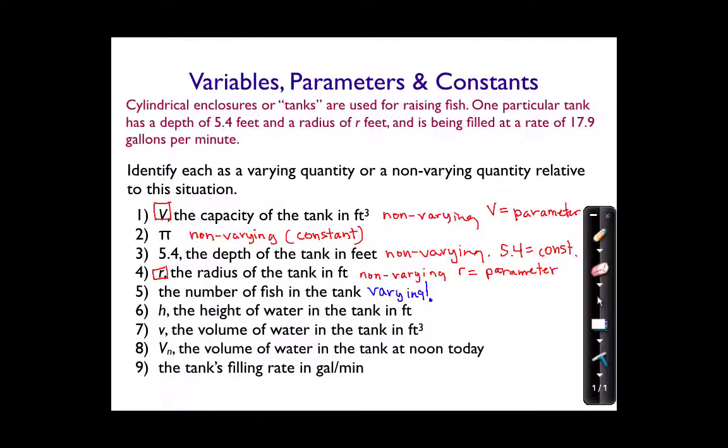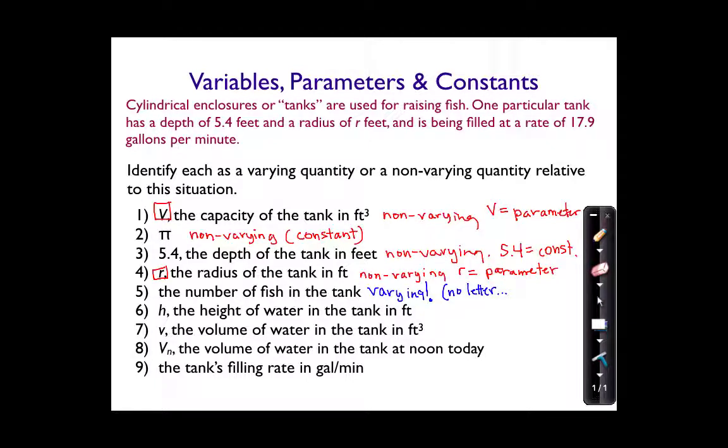I'd need to make up a symbol in order for this concept in number 5 to be something I could describe as a variable. So a variable is a symbol. This is a varying quantity. So I've got a varying quantity, but it's not a variable, parameter, or a constant. There isn't a symbol for it, so there's no letter. I'll just say it that way to be brief about it.